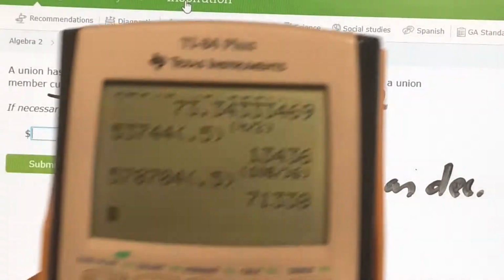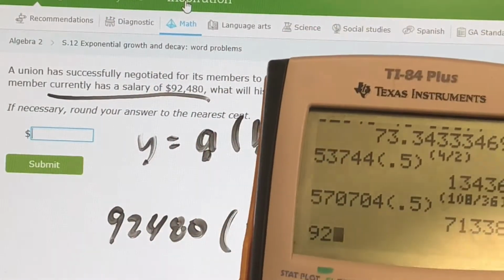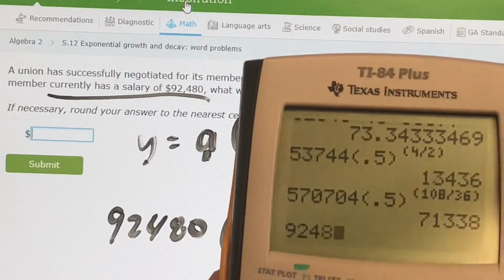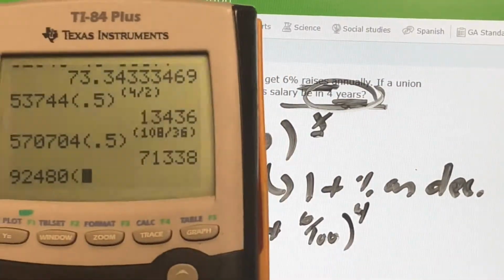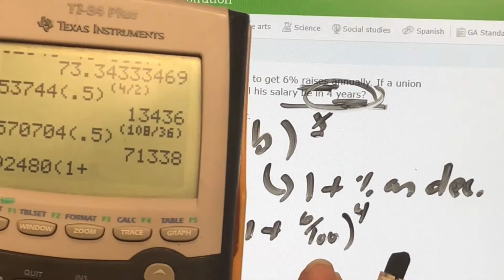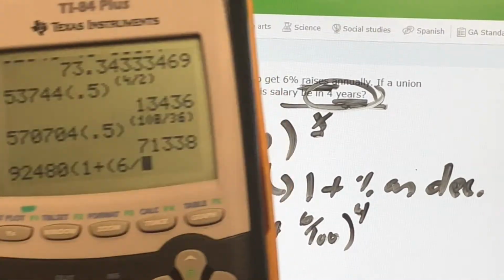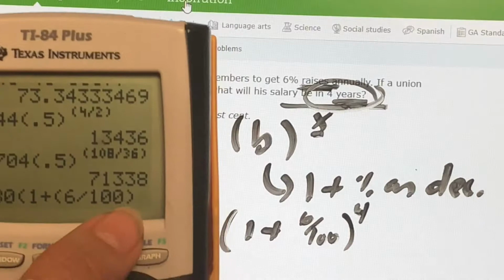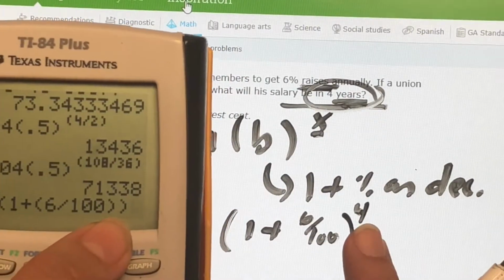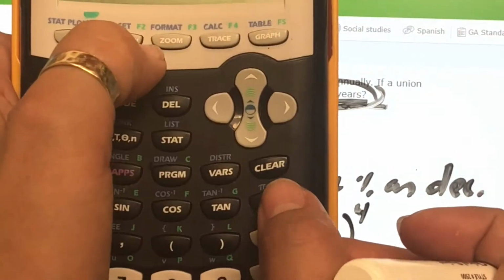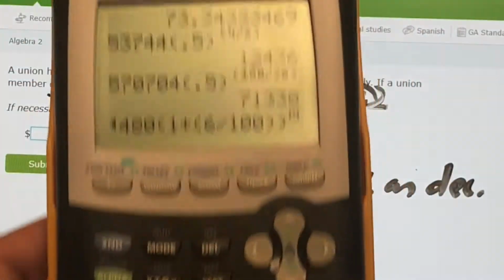Then you just punch that in. 92480, open parentheses, 1 plus, and anytime you see a fraction, you put it in parentheses. So 6 divided by 100. Close the parentheses I just opened, and then close the one that was originally there. Raised to the power of 4.